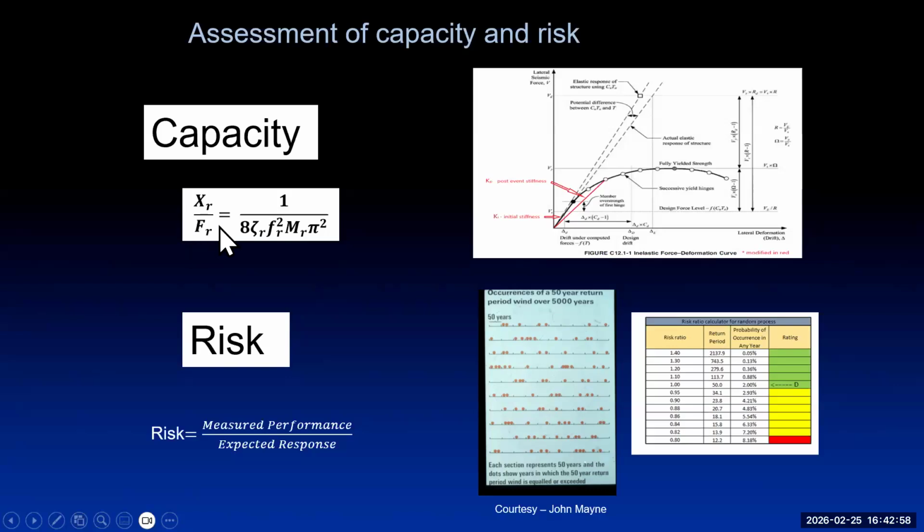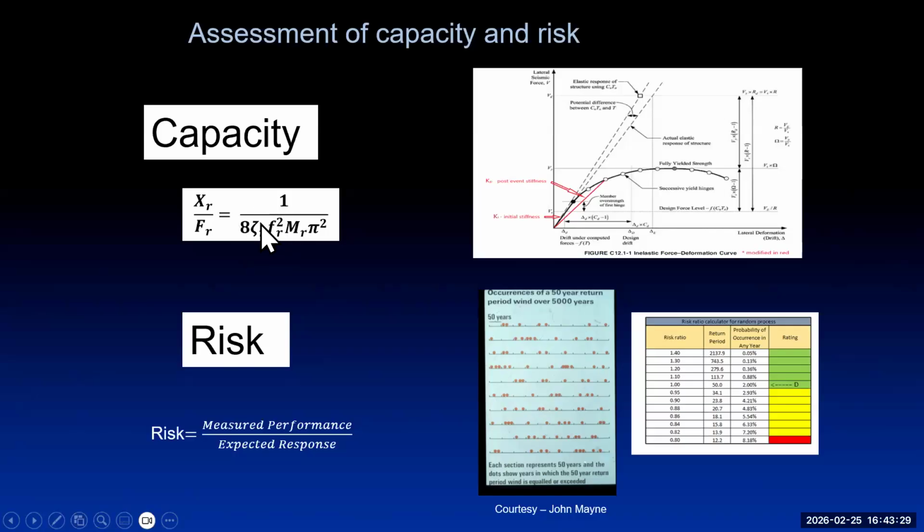So on the right-hand side of the equation, you can see damping and frequency. Zeta is damping, f is the natural frequency. There's also the mass of the structure, but of course, if you compare what you actually measure with what the code says it should have been, then mass stays the same. So there are only two parameters that you need to measure, damping and frequency.